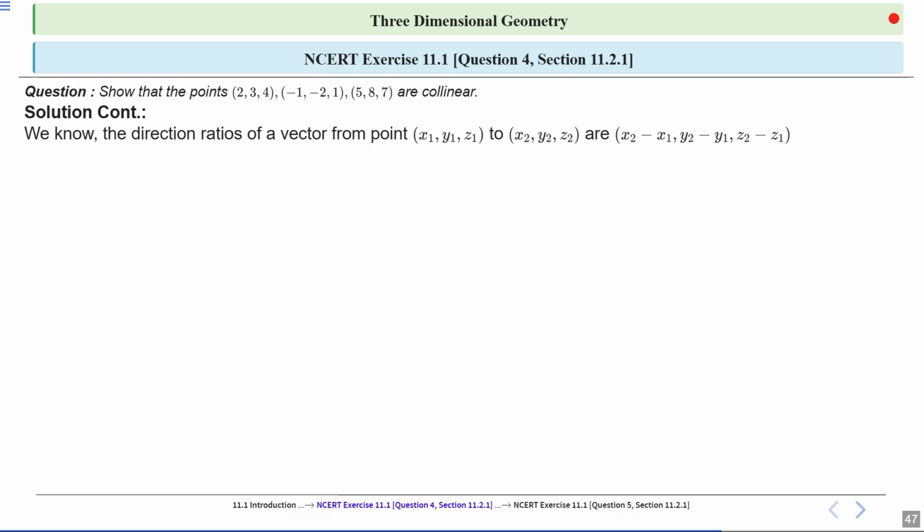We know that the direction ratios of a vector from point (x1, y1, z1) to (x2, y2, z2) are x2 minus x1, y2 minus y1, z2 minus z1.